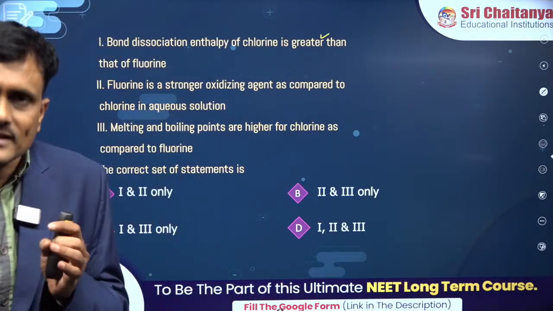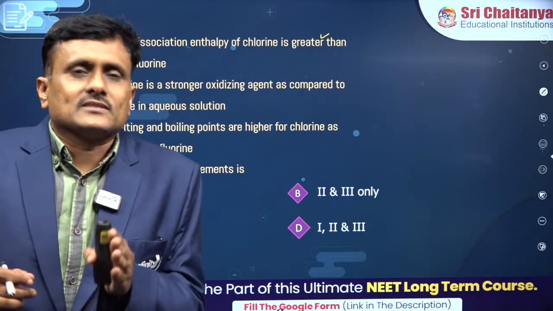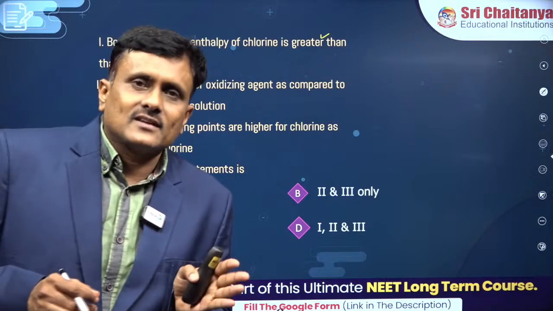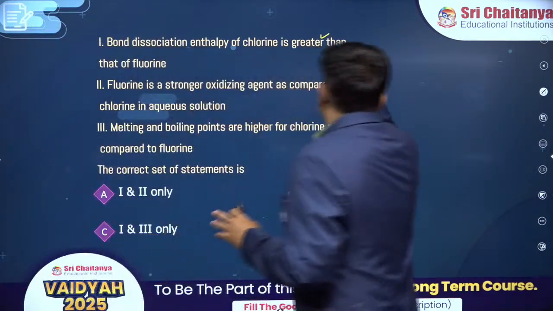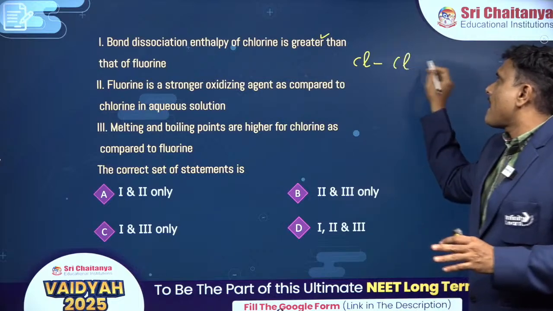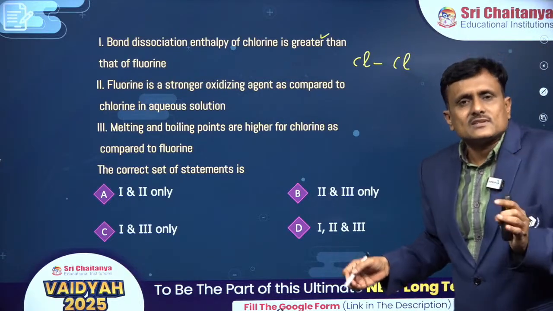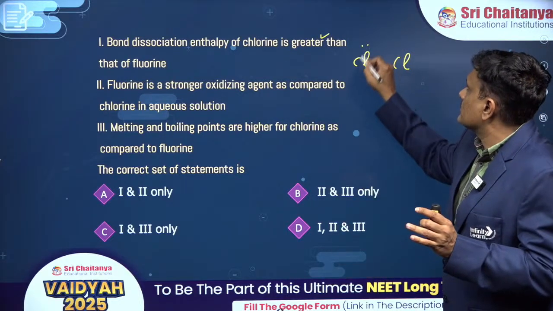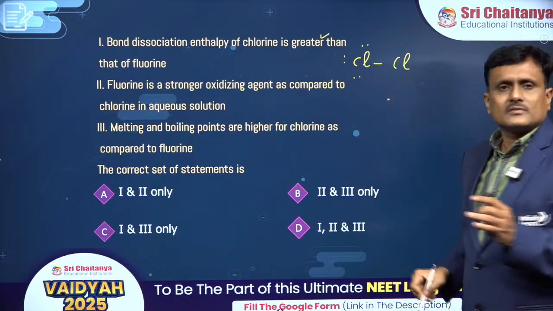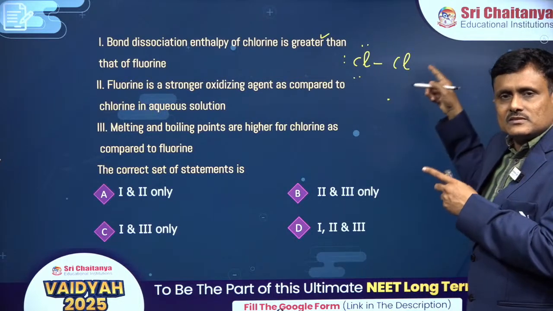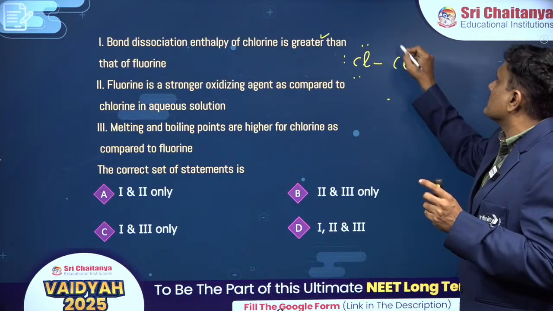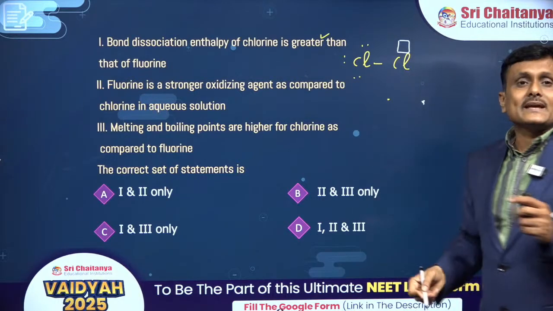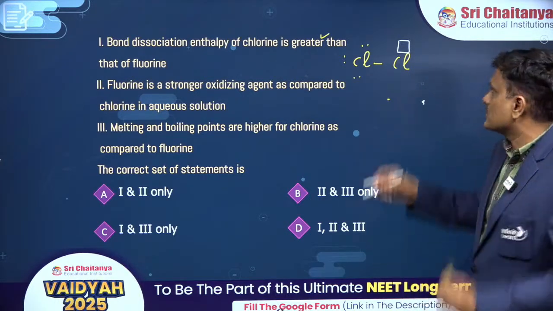What's the reason? Wherever there is resonance, wherever there is back bonding, that bond is considered to be a stable one. What will happen here in case of chlorine? You know that each chlorine or halogen carries 3 lone pairs. Same is the case with this chlorine. But at the same time, the other chlorine has the empty 3d orbital.